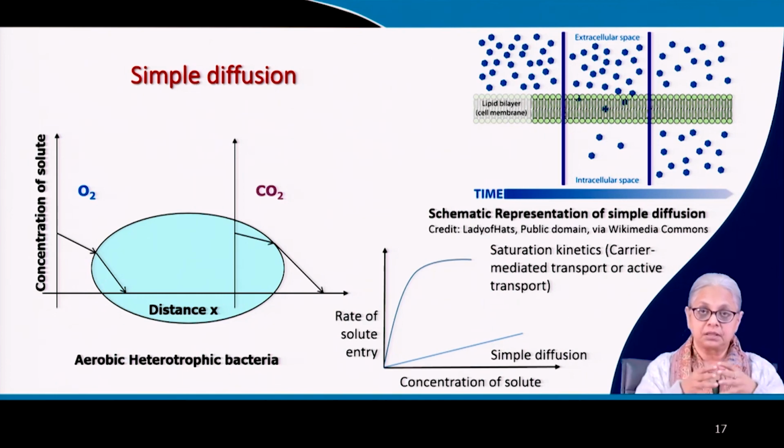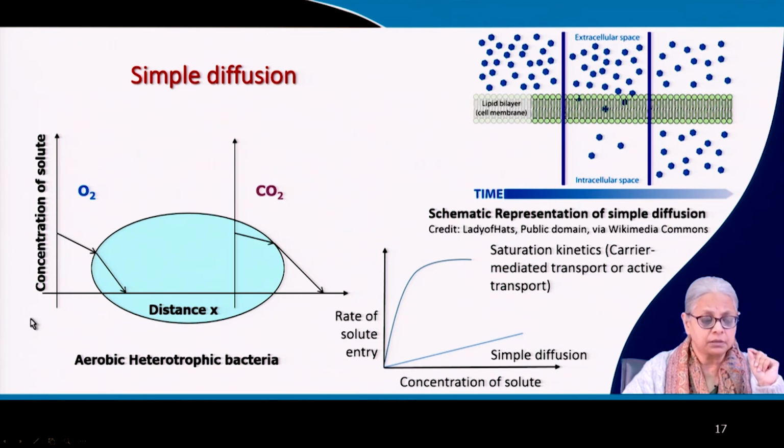Let us say they are utilizing organic matter. We use the example of glucose. Glucose is just the simplest organic compound that an aerobic heterotrophic bacteria can use. It can be any other organic molecule. So let us say glucose plus oxygen is what is required by the cell. Glucose cannot be transported into the cell without some amount of energy expenditure.